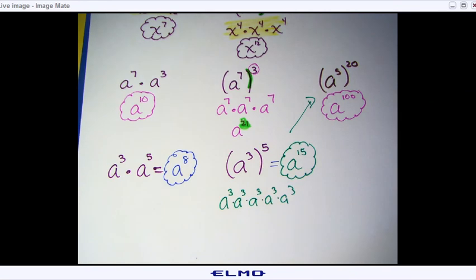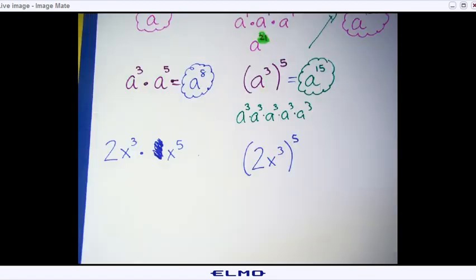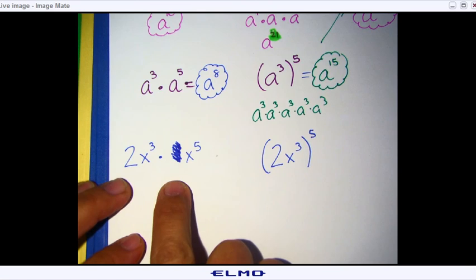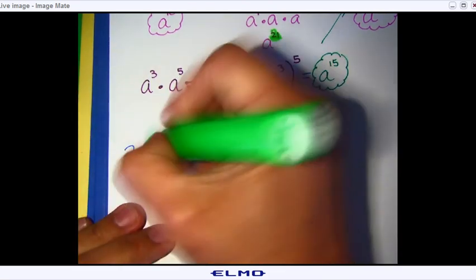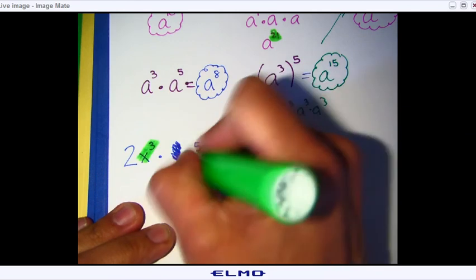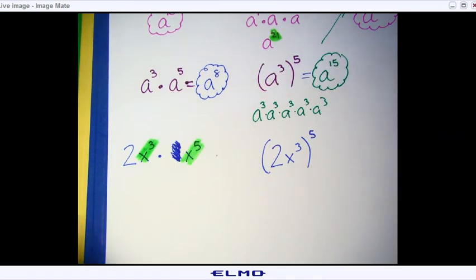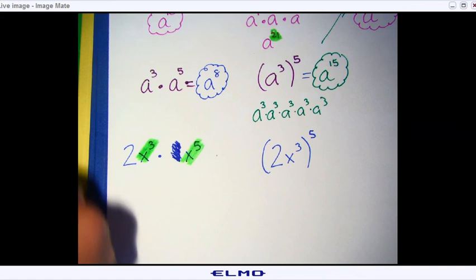All right. So now what I'm going to introduce is a coefficient, the number. So this is what we did last week. We got, remember, x to the third times x to the fifth. How many are there? That's what you ask.